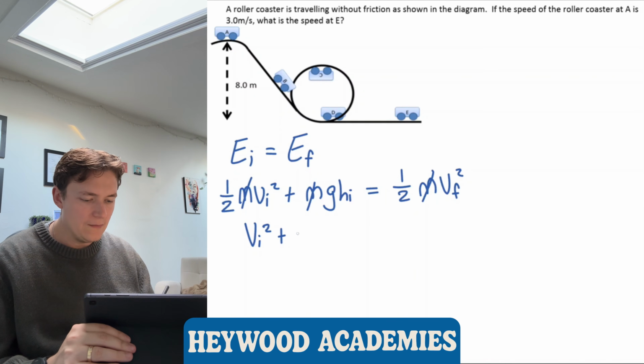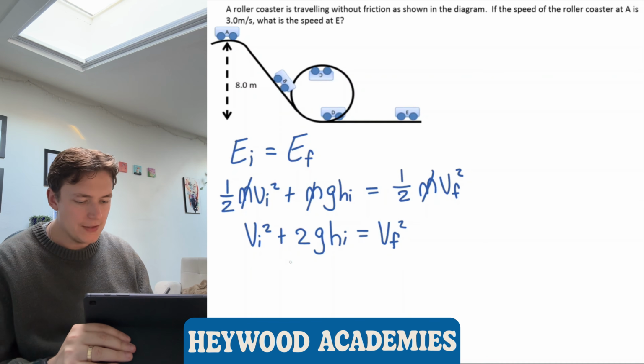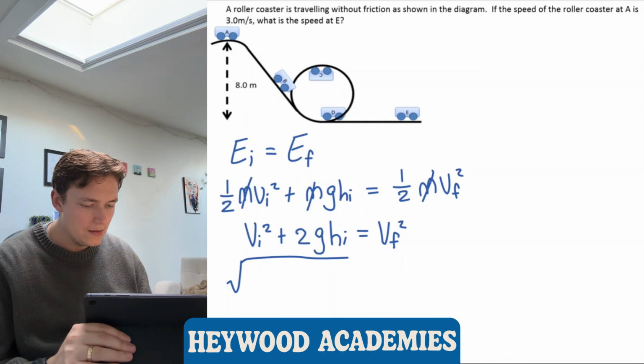Then we'll have to multiply each term by 2, so it'll be 2ghi, and then 2 times 1/2 will cancel out, so it'll be v final squared. Now we can go and solve for v final and square root this thing. So when we go and solve for this, it's going to be the square root of all of this stuff.